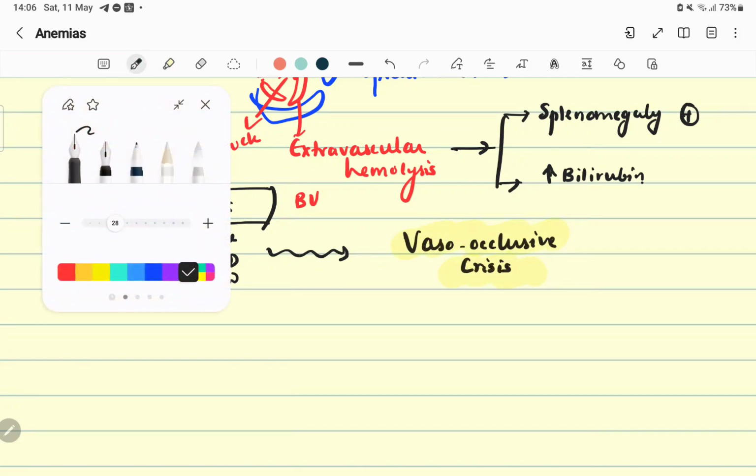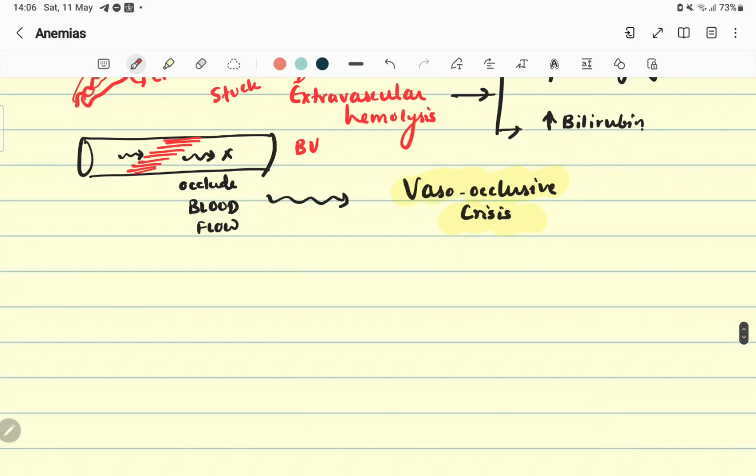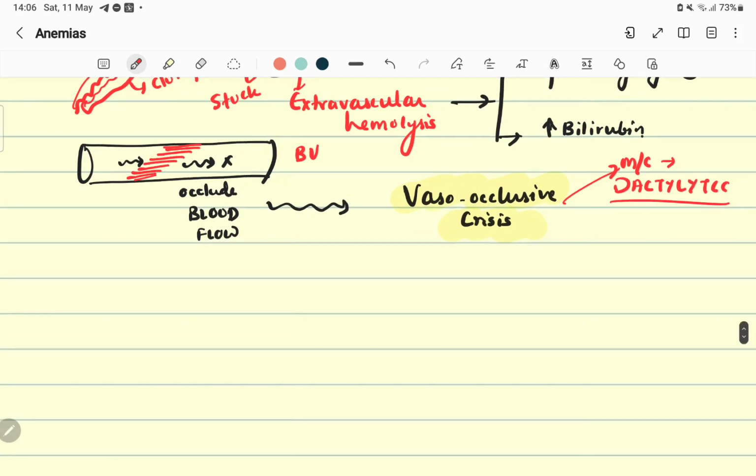There are many vaso-occlusive crises. The most common vaso-occlusive crisis is called dactylitis. Dactylitis is due to occlusion of the digital arteries, the arteries in your fingers, your digits. It can cause gangrene formation, or non-healing leg ulcers, or priapism.